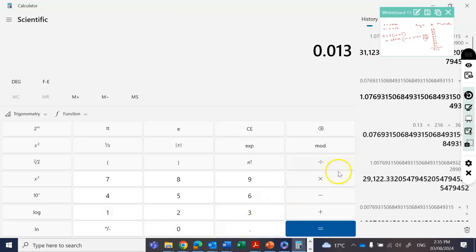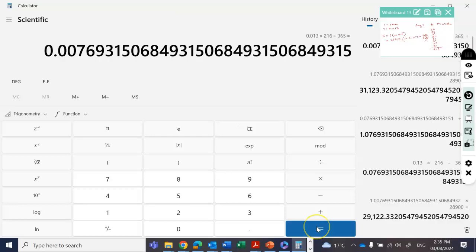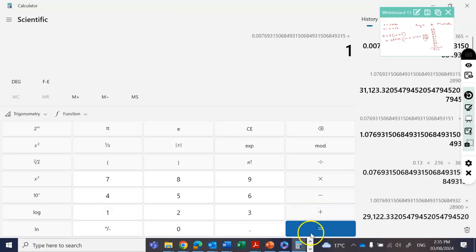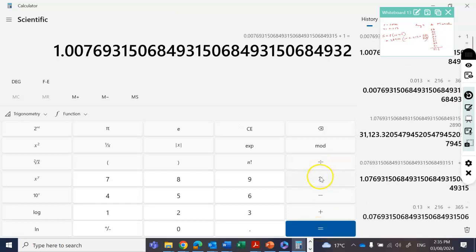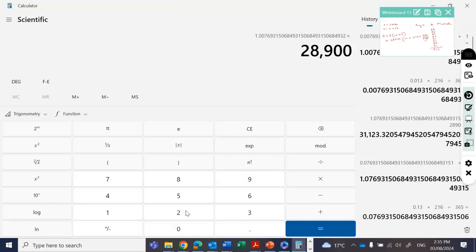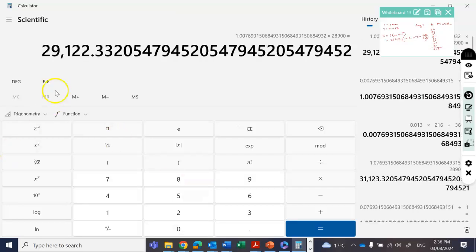So 0.013 multiplied by 216 and then divided by 365. So you get this value and add it to 1. So you get the bracket value and multiplying it with 28,900, you will get this value.